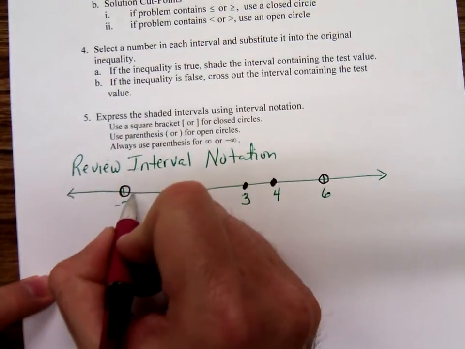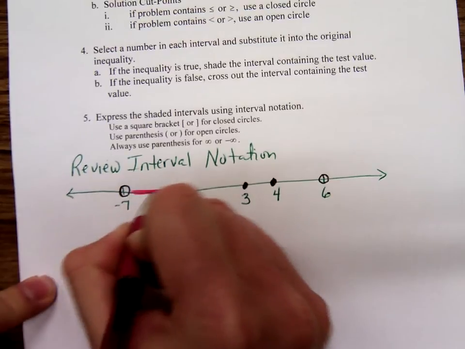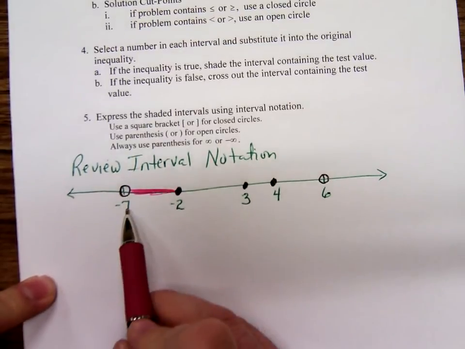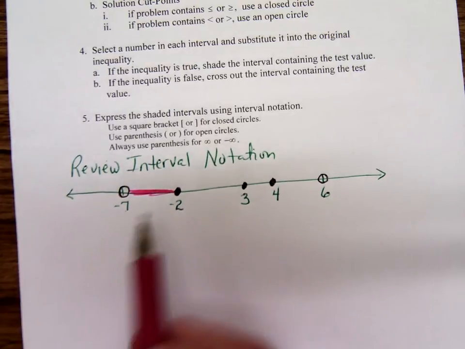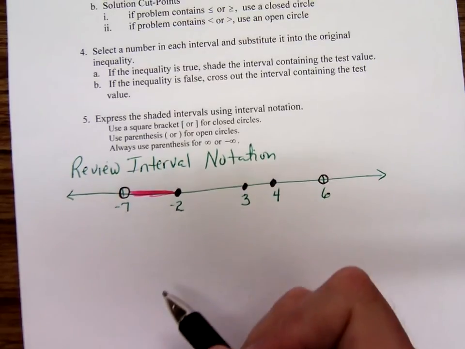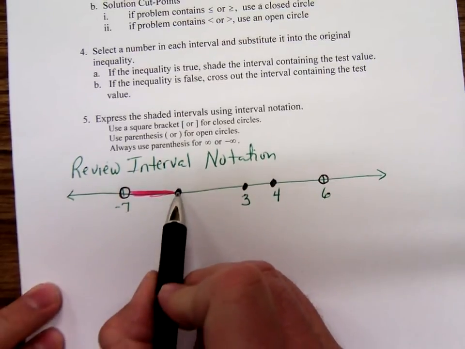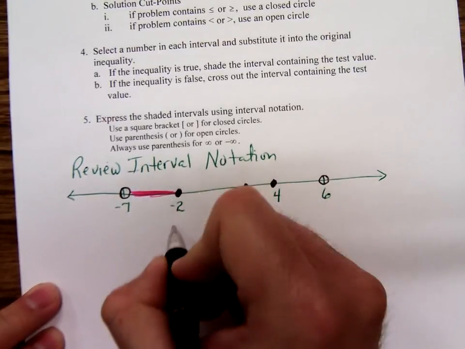This pink region that I've just shaded represents all numbers between negative 7 and negative 2. The closed circle and open circle tells you whether that number is shaded along with this.